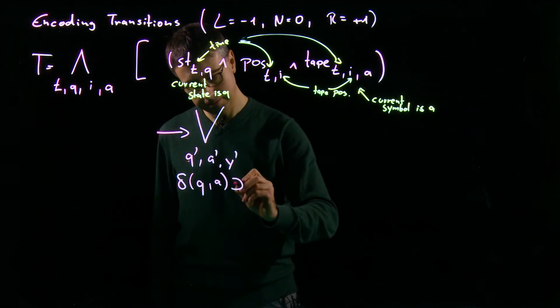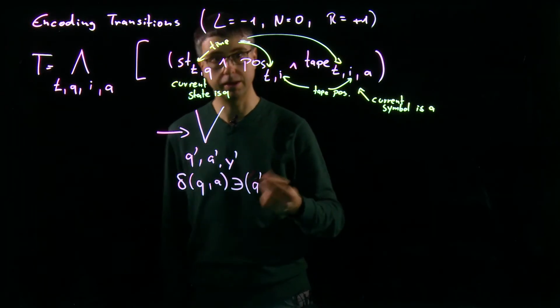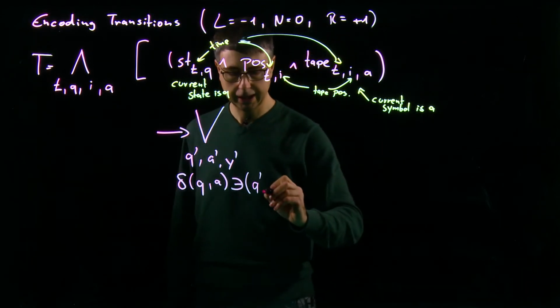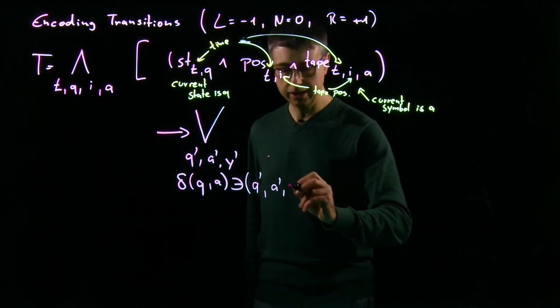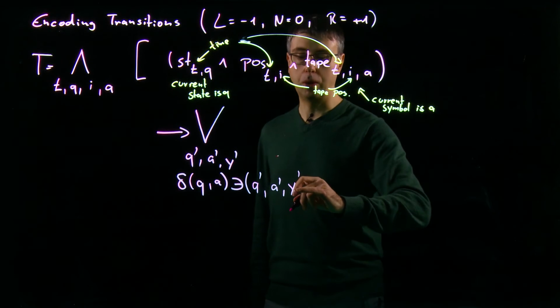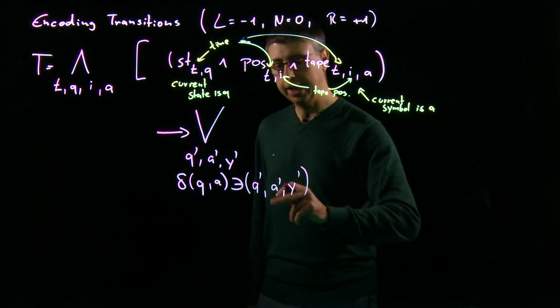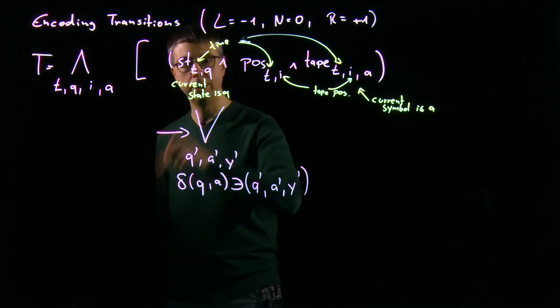Then there must be some successor state Q prime that the Turing machine can choose. It can write an A prime on the tape and move the head to the left, to the right, or not at all, which we encode by Y prime. There might be multiple possibilities, and for all of them we have a disjunction.